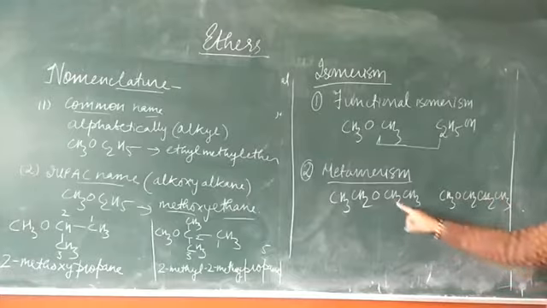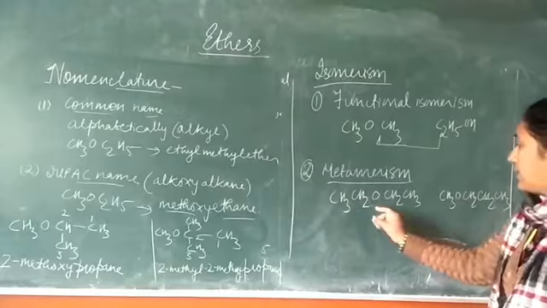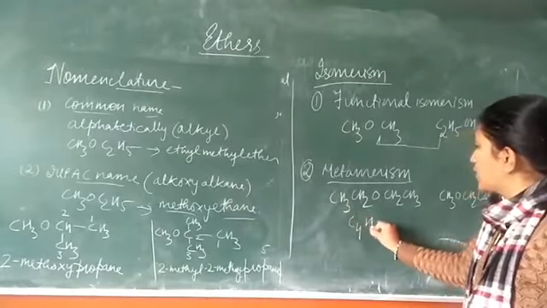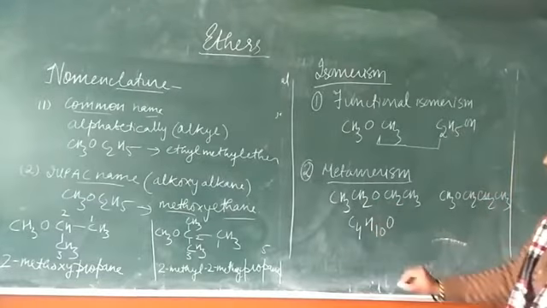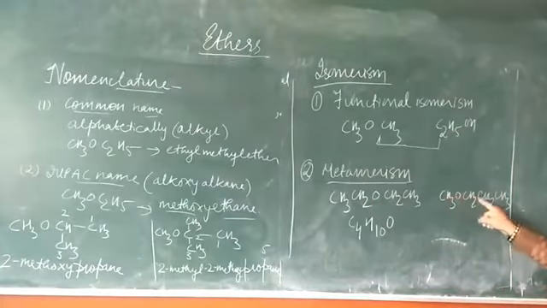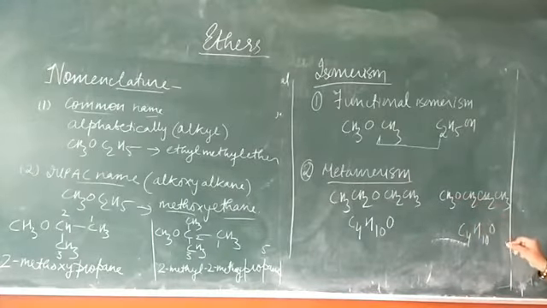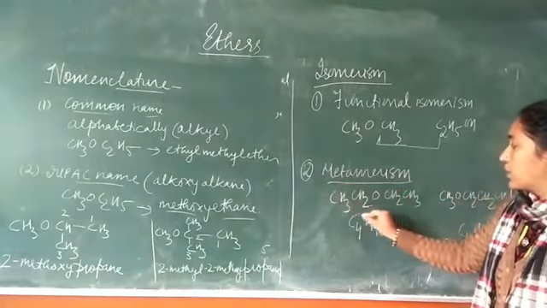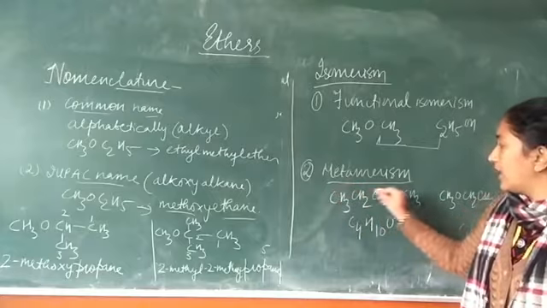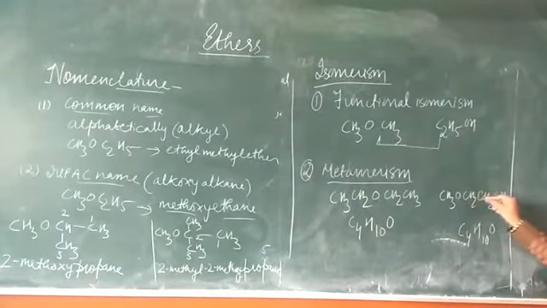Here the number of carbon atoms is 2 on each side, and in total we have C4H10. Here also, 1, 2, 3, 4, so C4H10. These two are metamers of one another, where the difference is only in the alkyl group. Here we have ethyl on both sides, and here it is methyl and here it is propyl.